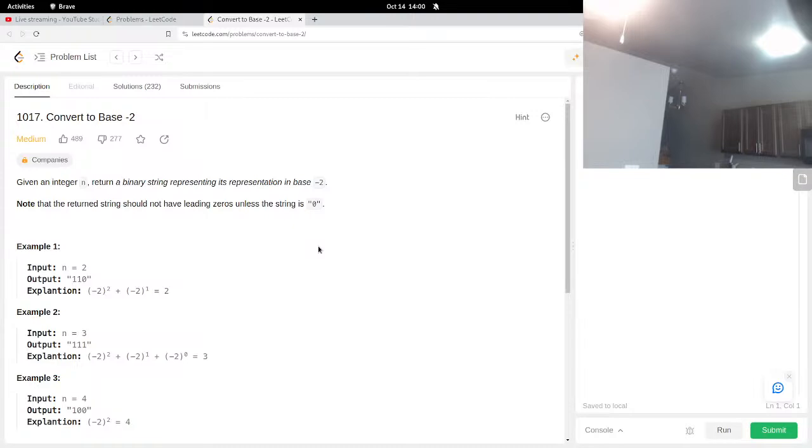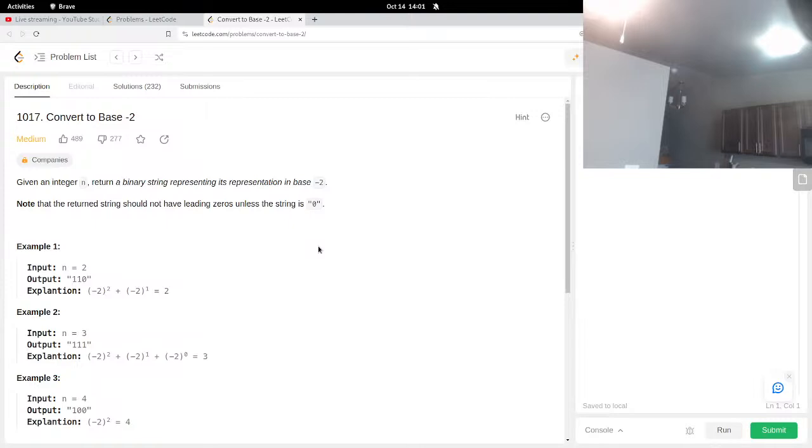And so I would end up with something like, I think, negative 2 to the sixth plus negative 2 to the fifth plus negative 2 to the fourth plus, I think, negative 2 cubed, which actually makes things more interesting.